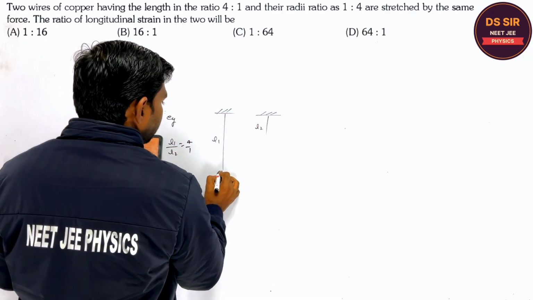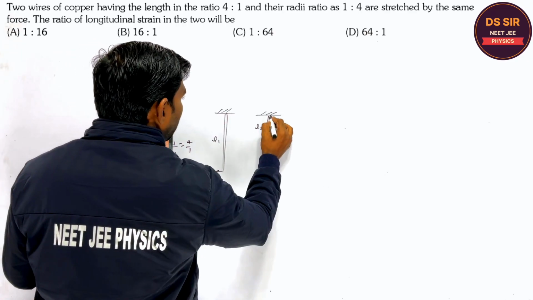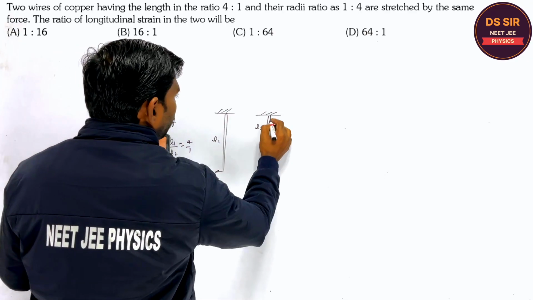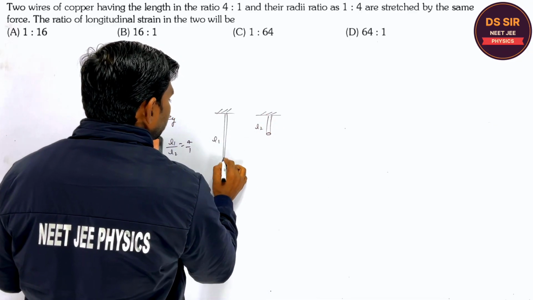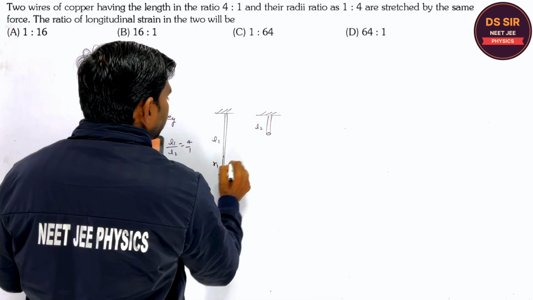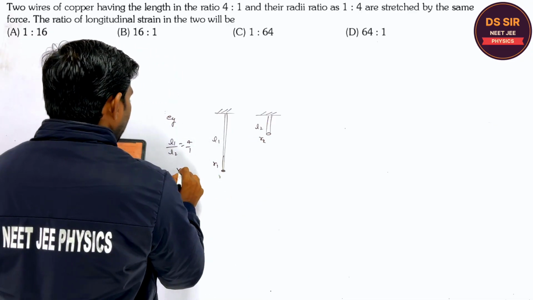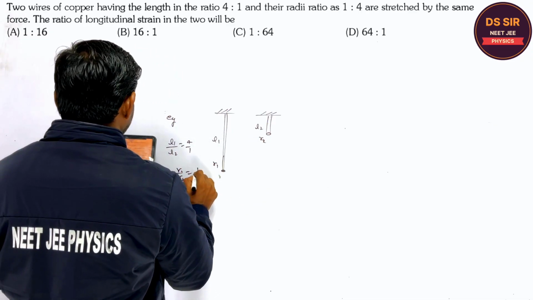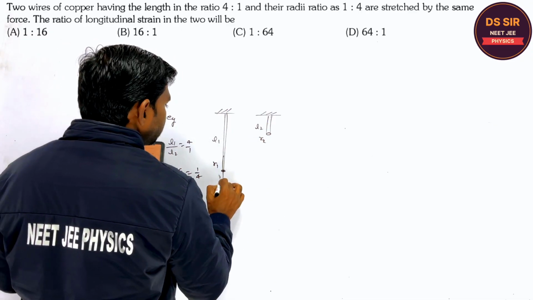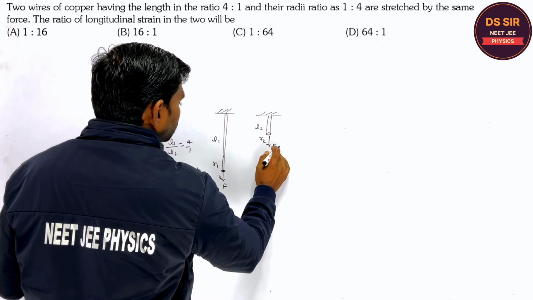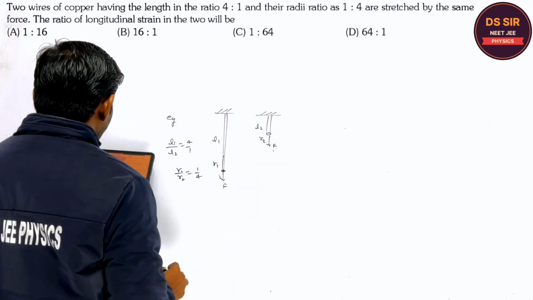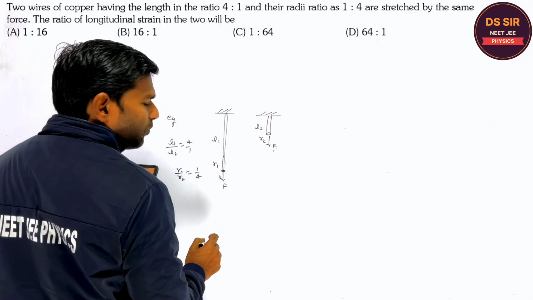And the radii are also given as 1:4. Its radius is R1, its radius is R2. So R1 upon R2 is given as 1:4, stretched by the same force. So the force is same.